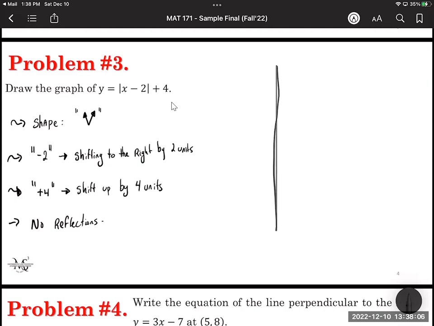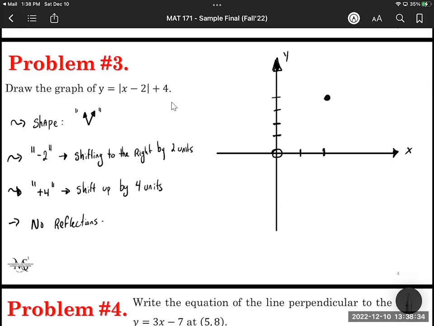All right, so we make our sketch. Here's our Y-axis. Here's our X-axis. We start at the origin. That's usually the anchor point for the original V shape, absolute value function. But with our shifting rules, we go 2 units to the right. Here's 1, 2, and then we go 4 units up. So 1, 2, 3, 4.